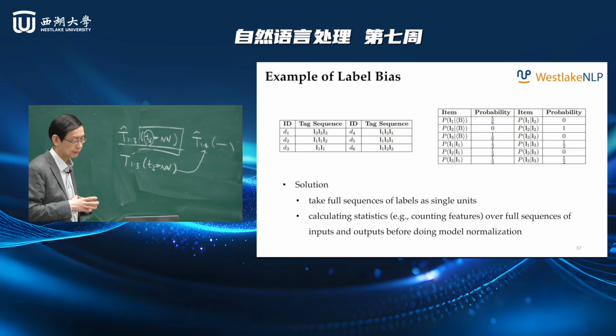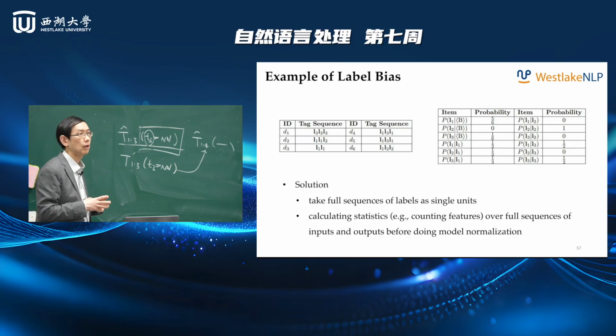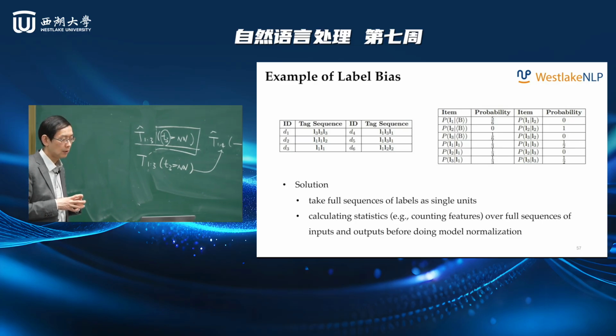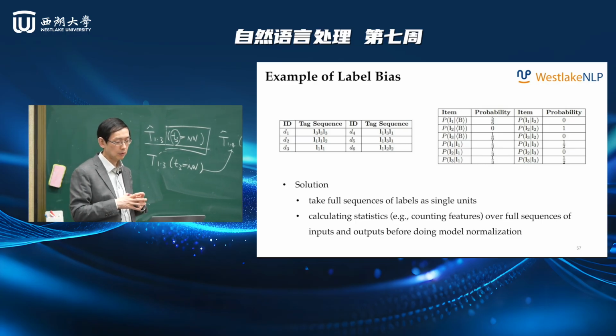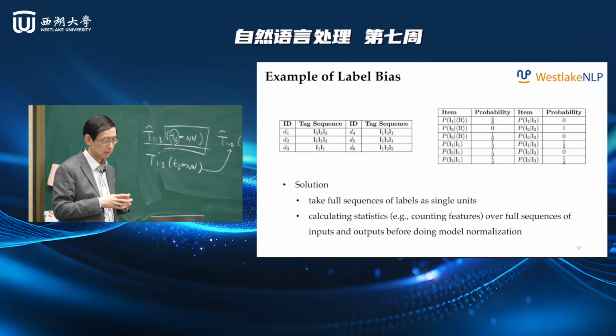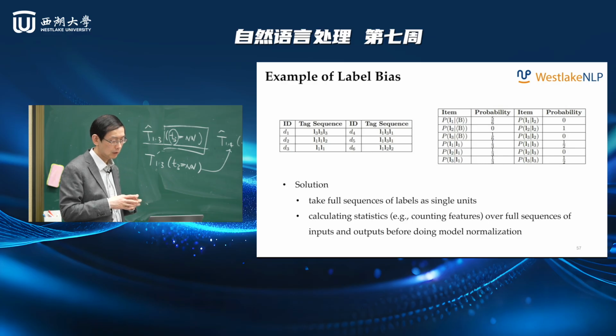But in order to solve this problem, we need to take the whole tag sequence as a unit. Okay? And we want to optimize the probability.